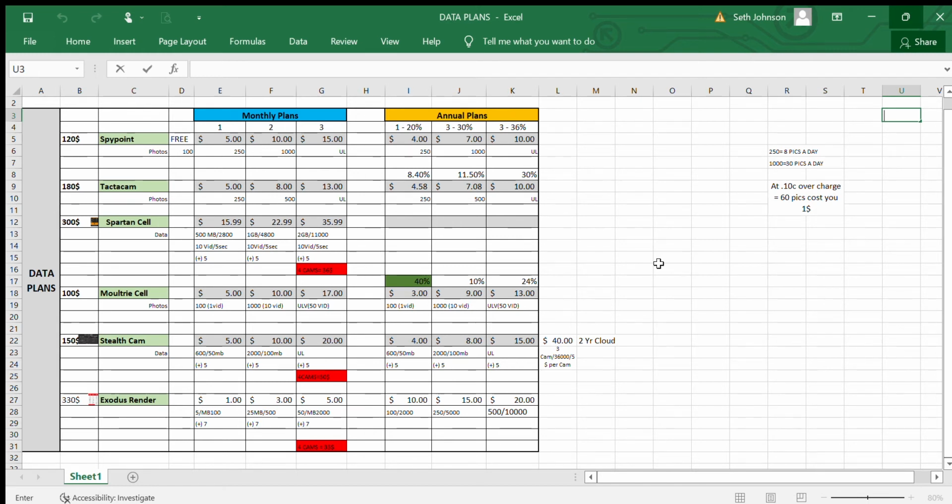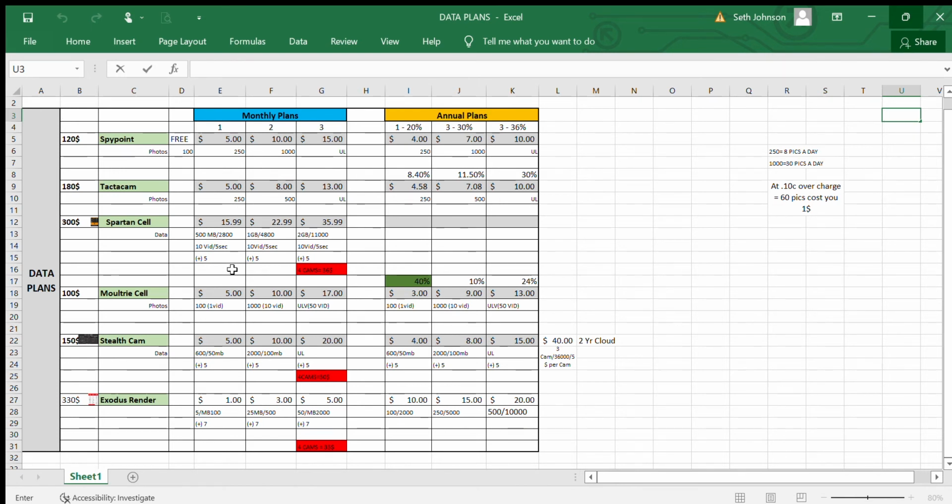So your initial plan, you're talking about $16, and what I did here is I went to the max range. If you go on their website, it lets you choose how many photos you think you'll need. So I pushed it to the limit until it bumped me up to the next scale. So I put the maximum amount of megabytes and pictures on each of these plans. So plan 1, $16, about 500 megabytes, about 2,800 pictures.